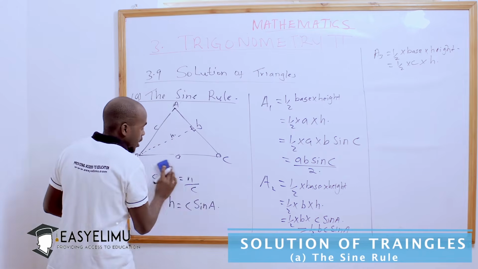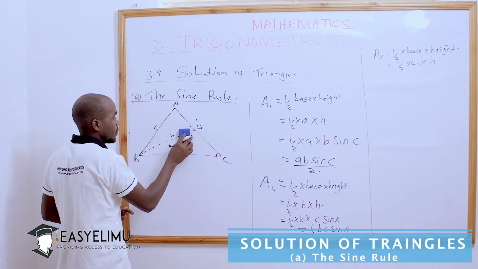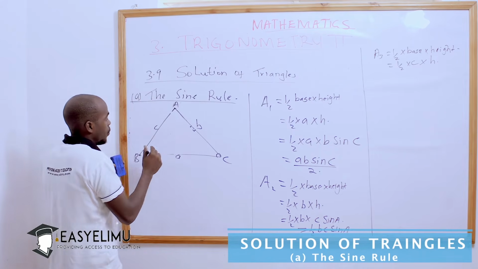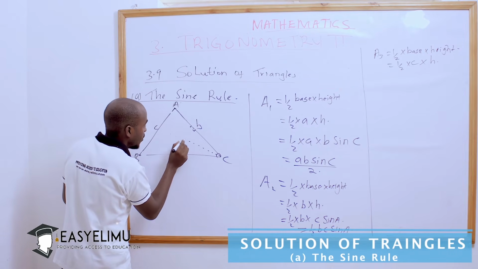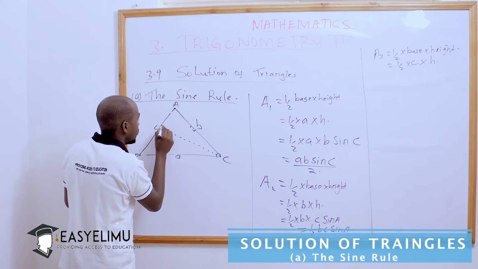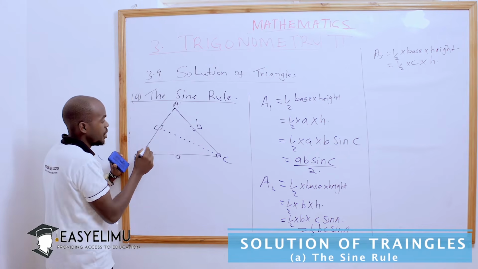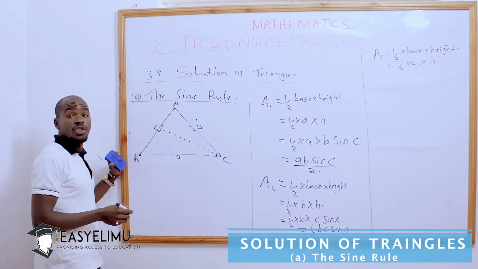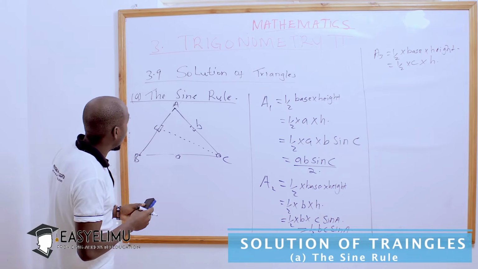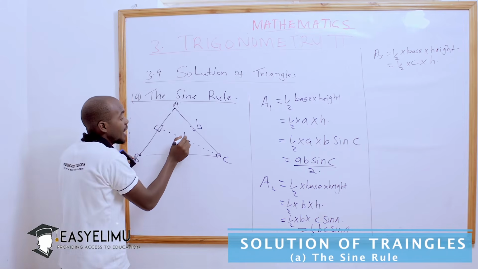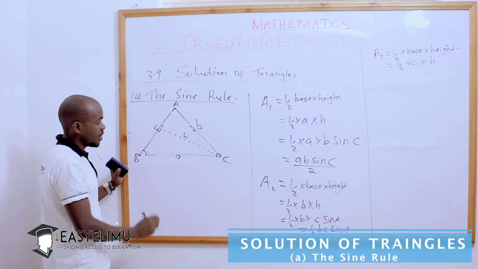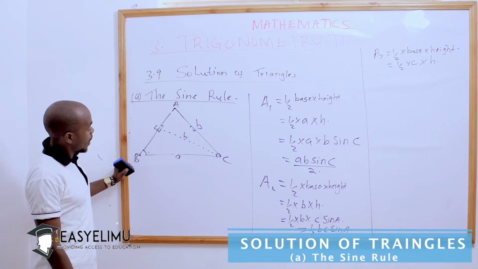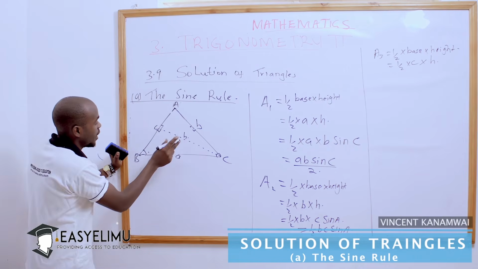If we need the height, we drop a perpendicular to meet line AB at a certain point, and that will be our height. We can use this angle to find that height.